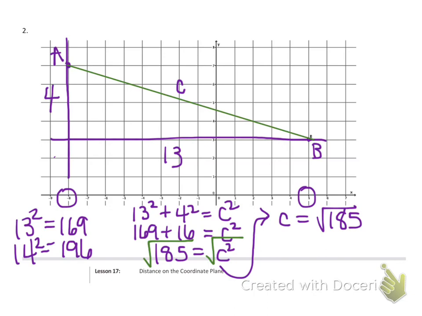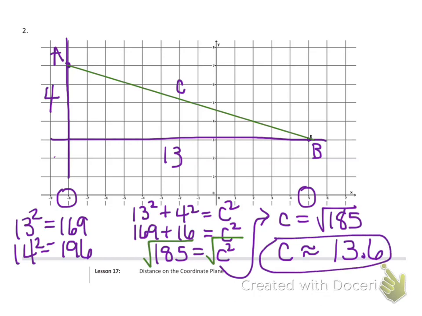Looks closer to 14, and if we get this approximate answer to tenths on a calculator, or we could do it by hand too, this is approximately 13.6 for that distance. Okay? And we knew it had to be more than 13, but probably not too much more because that other leg is pretty short.